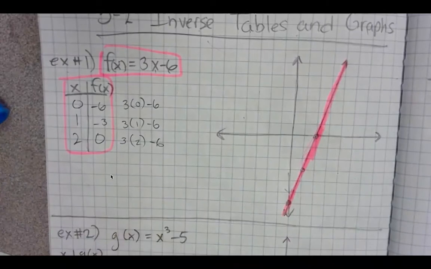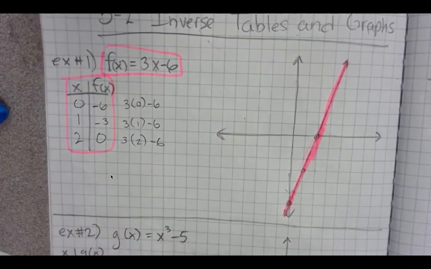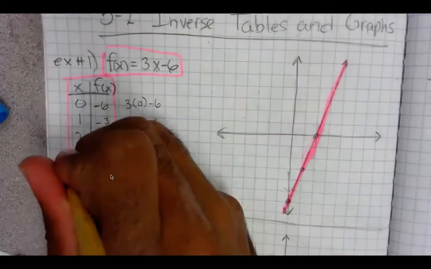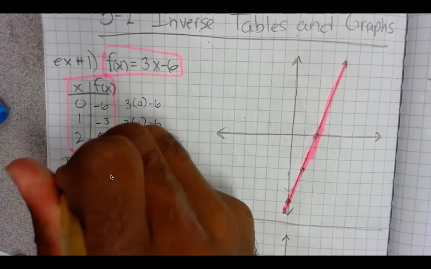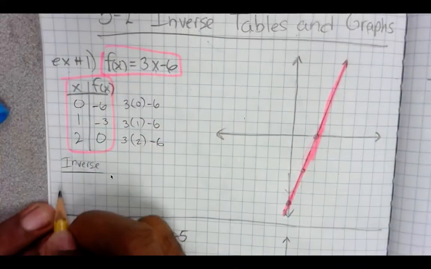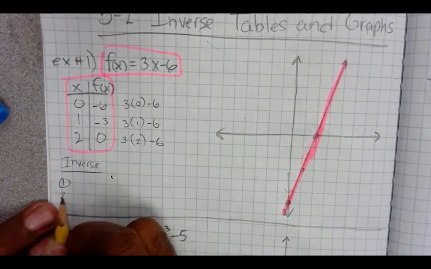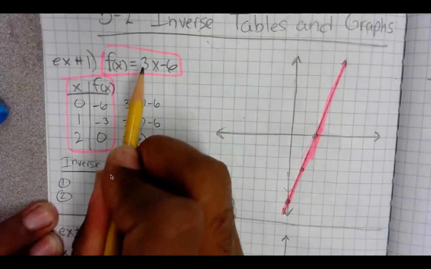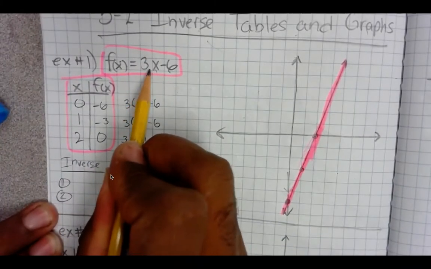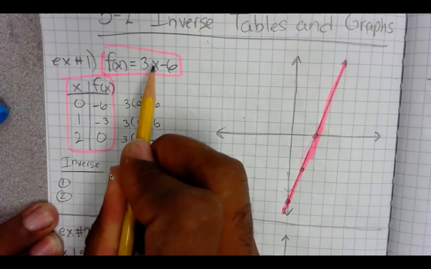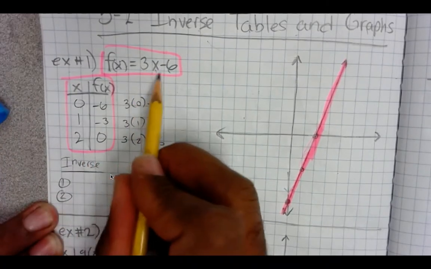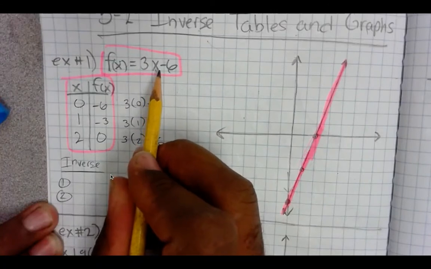Okay. All right, now let's take a look at the inverse function. Now, in order to do that, we got to create it, just like we did last week. Okay, so let's set up a little chart here like we did last time. And first, we got to figure out what are the operations for the first function. Think of PEMDAS. What goes first? There are no parentheses here, so what's first?